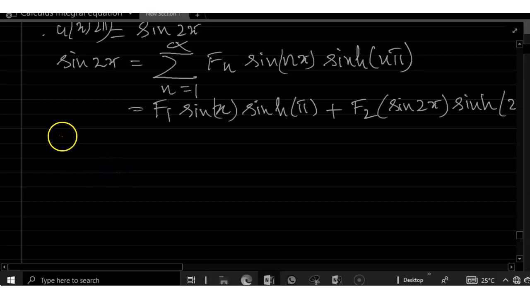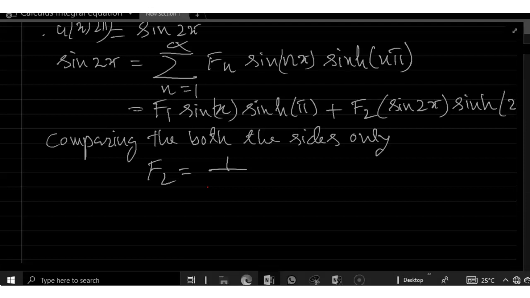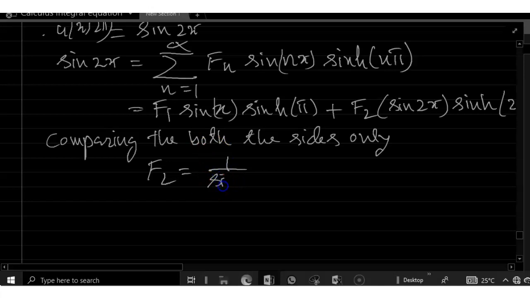So comparing both the sides only, f1 is 0 and f2 is 1 by sinh 2 pi.